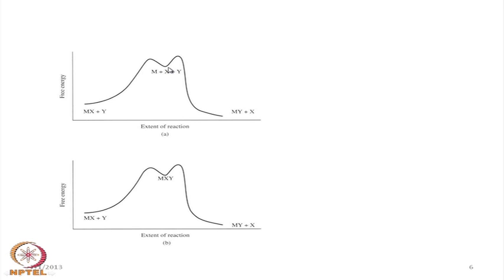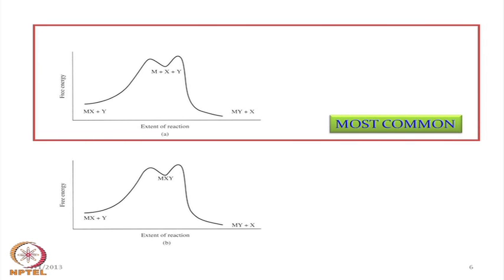So, if we are able to detect this, if we have certain stability for this, that means the steady state approximation was not valid in this particular case, where we are not assuming that these two intermediates have very low concentration, but they have a certain measurable concentration. Then we can involve the corresponding rate law for these species for the progress of the reaction.